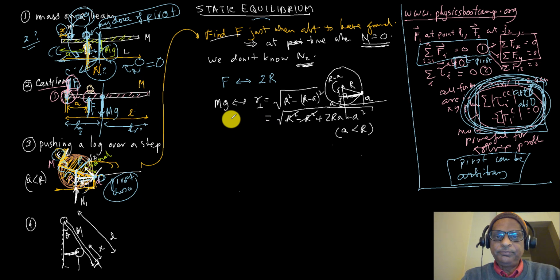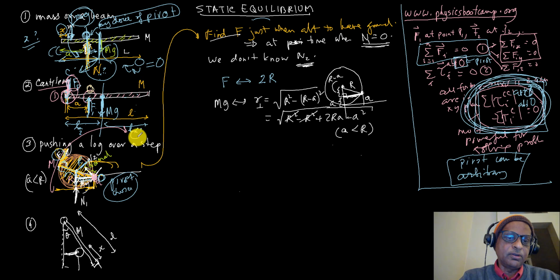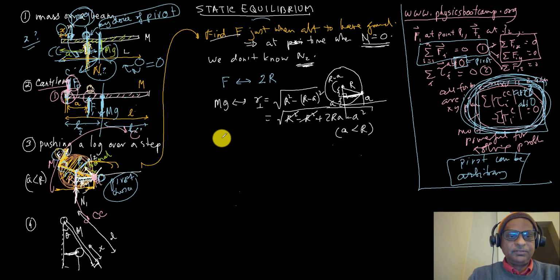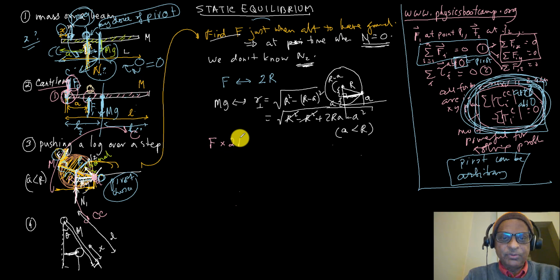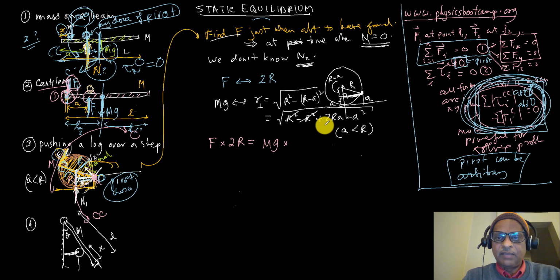So with this, let's see which is clockwise or counterclockwise, right? About this pivot F is clockwise, and mg is counterclockwise. So I have F times 2r equals mg times the square root of 2ra minus a squared.